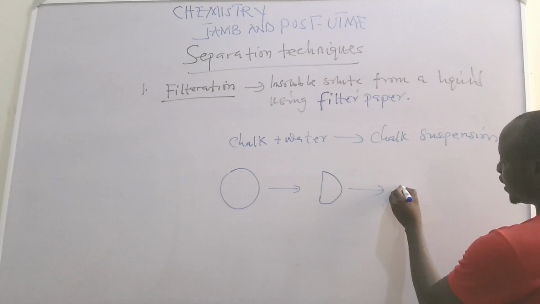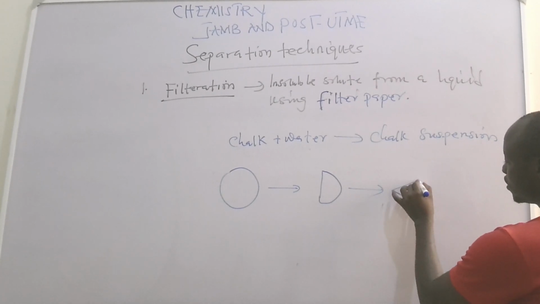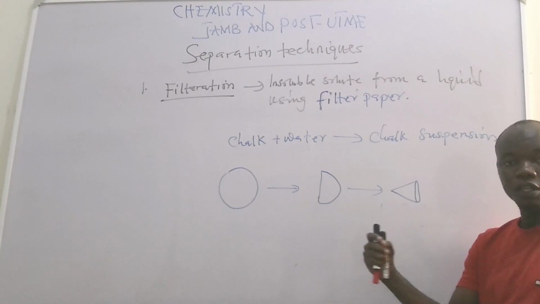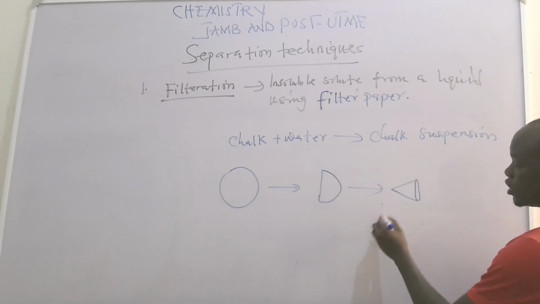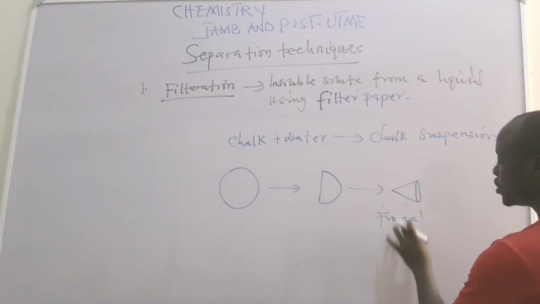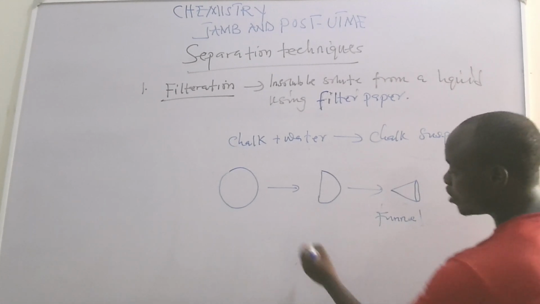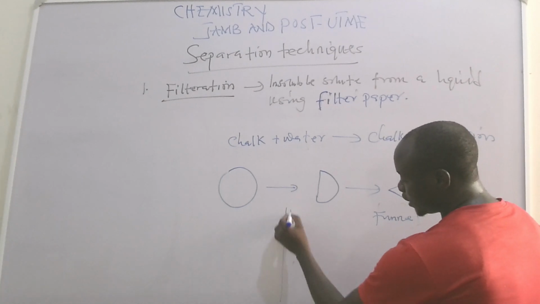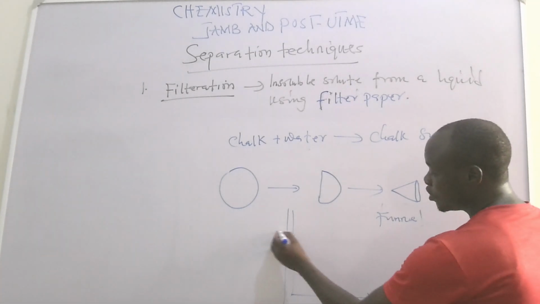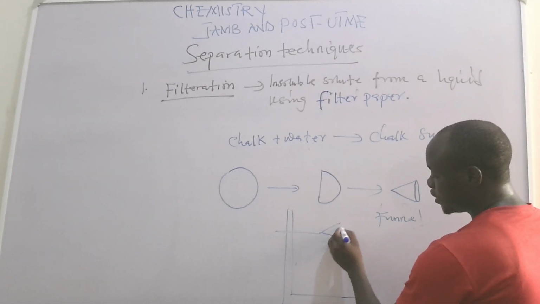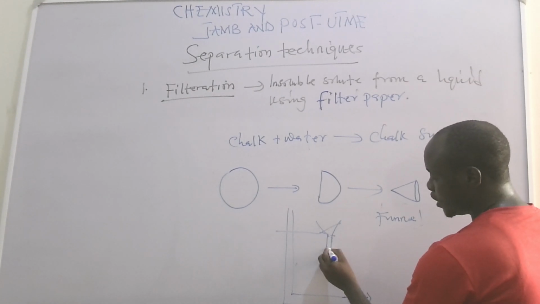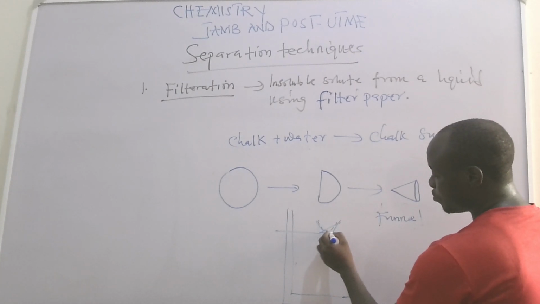Then you open it and put it into a funnel. By then you already have your funnel attached to a retort stand, something like this, and you have your filter paper here.